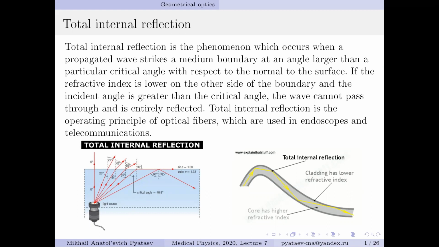But if we made the tube of glass, then on the outside surface we can see total internal reflection, and all the energy is reflected back into the glass tube, and this leads to transmission of light without loss of its intensity. And it is widely used in optical fiber.